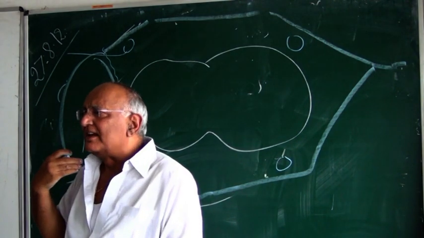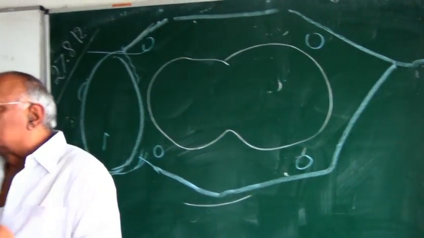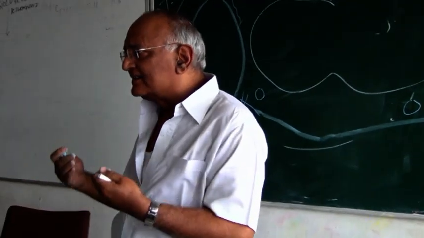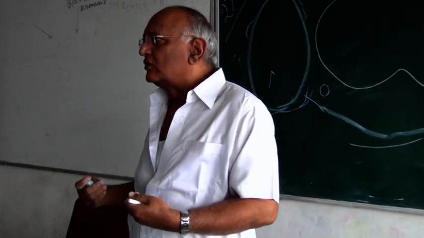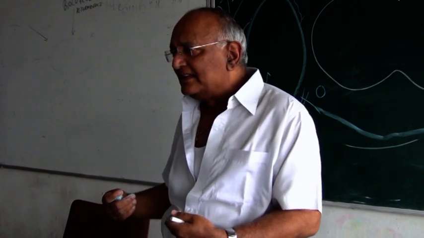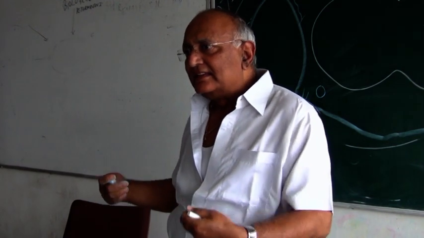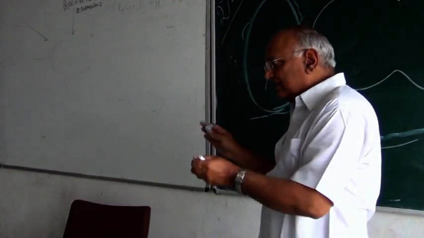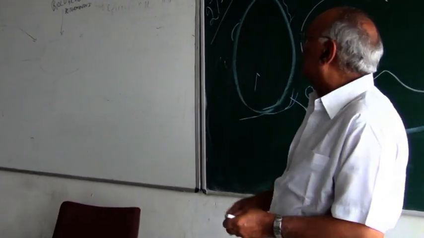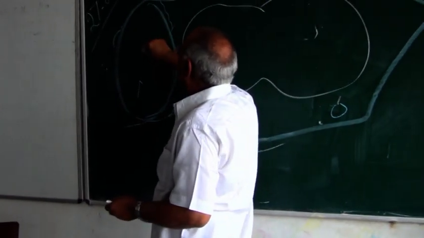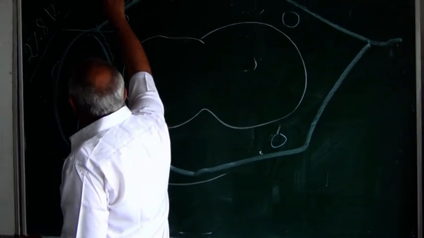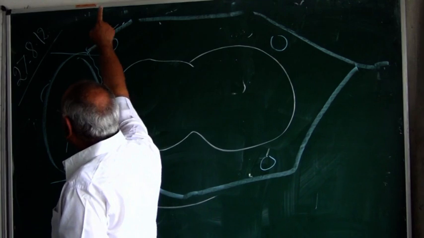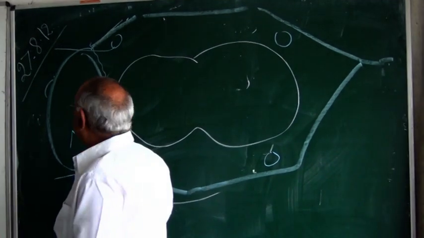We have the cervical veins in the neck, thoracic veins, azygos and hemiazygos veins in the thorax, then lumbar veins in the abdomen, and then the lateral sacral veins. So it communicates with all the segmental veins. And these plexuses of veins are there right from the occiput to the coccyx.